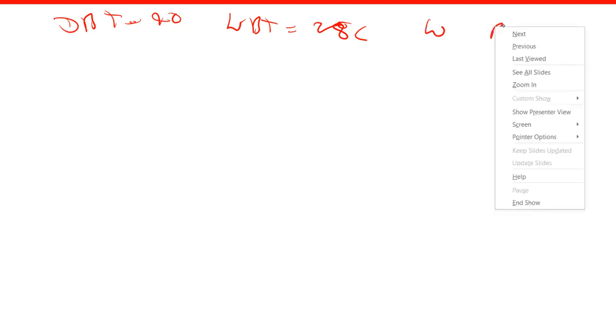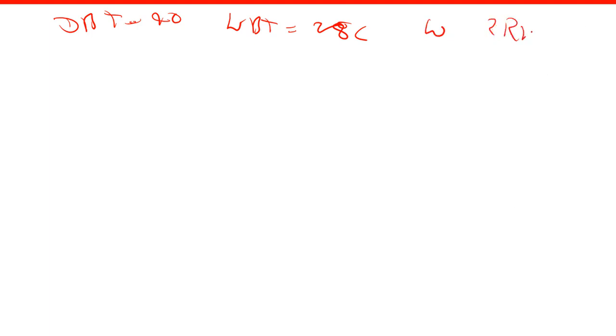Assuming atmospheric pressure to be 1.03 bar, that means the barometric pressure P is given. So the given data is dry bulb temperature 40 degree centigrade and wet bulb temperature 28 degree centigrade. Calculate the specific humidity W, the RH, rho V, the vapor density.